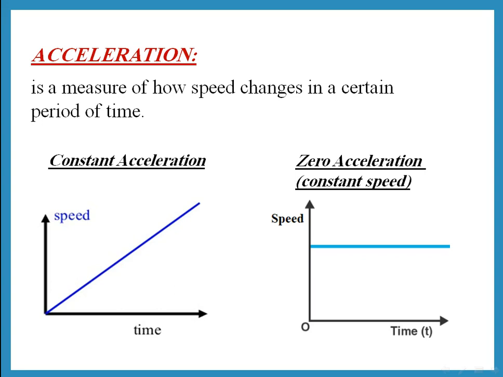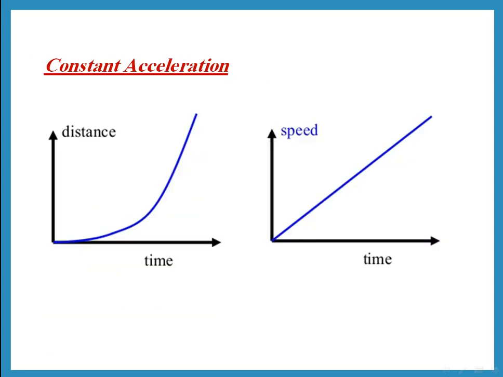The object is moving at increasing speed constantly. But if in the speed time graph the line is horizontal, that means there is no acceleration. The speed is constant, so there is no acceleration. If the line starts to go up, that means it is accelerating constantly.